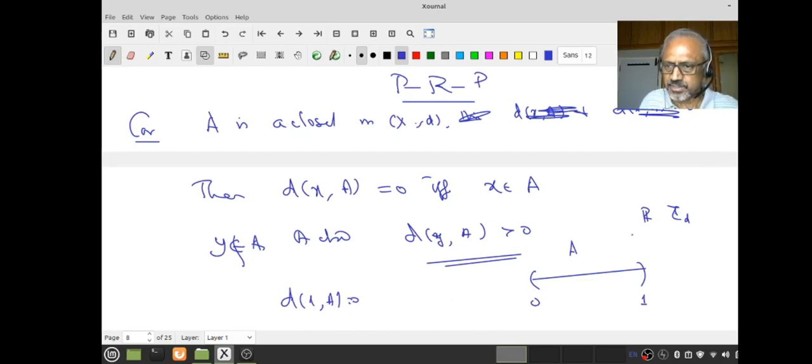Or if you want, let us say 0 and A, because if we look at 1/n, they are all in A, so they are a_n, and a_n converges to 0. You understand? But 0 is not an element of A. So the distance between a point and a set can be 0 without the point being in the set.